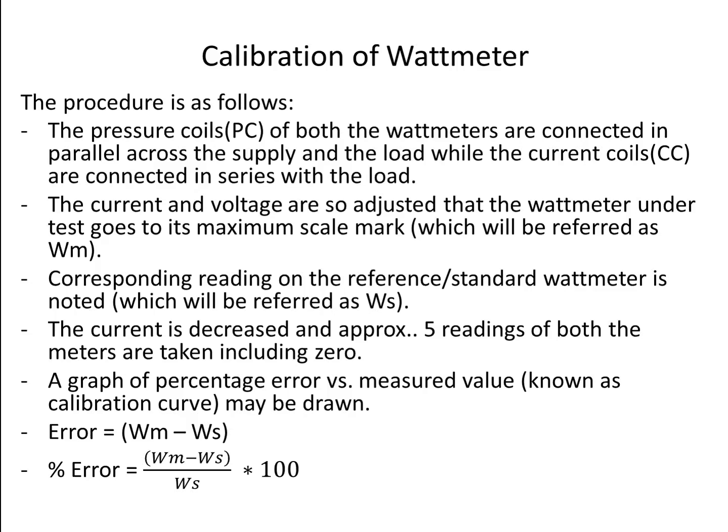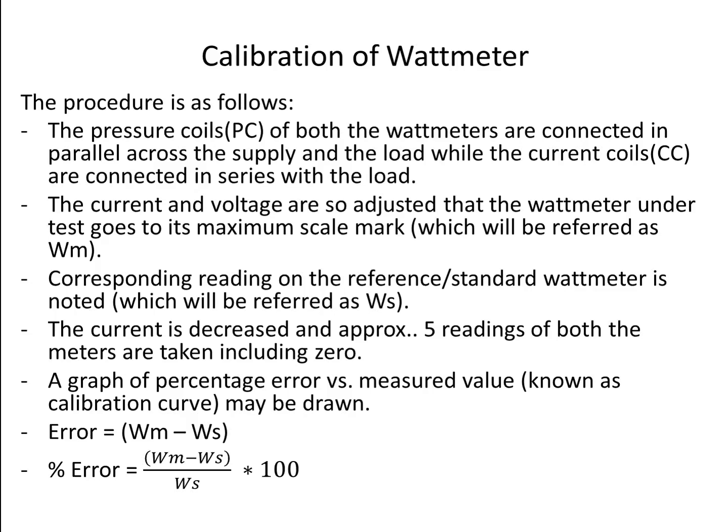Then in that case, the current and voltage are varied till the test wattmeter gives a reading equal to 1000 watt. So the reading of the test wattmeter shall be treated as Wm, measured value of the power. Corresponding reading of the substandard wattmeter is also noted, and that reading is referred to as Ws, true value of the power.